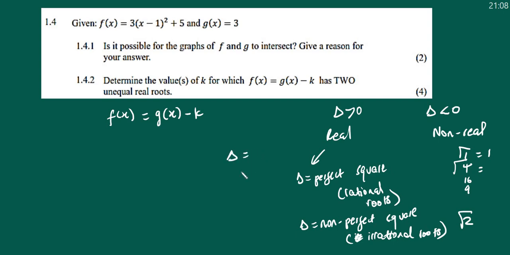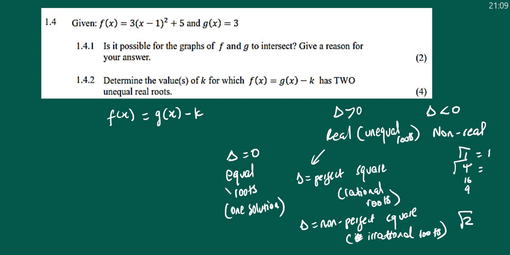If the discriminant is equal to 0, then you're going to have equal roots, which means you're just going to have one solution. But if they are real, automatically it means you have unequal roots. If the discriminant is greater than 0, you have unequal roots.